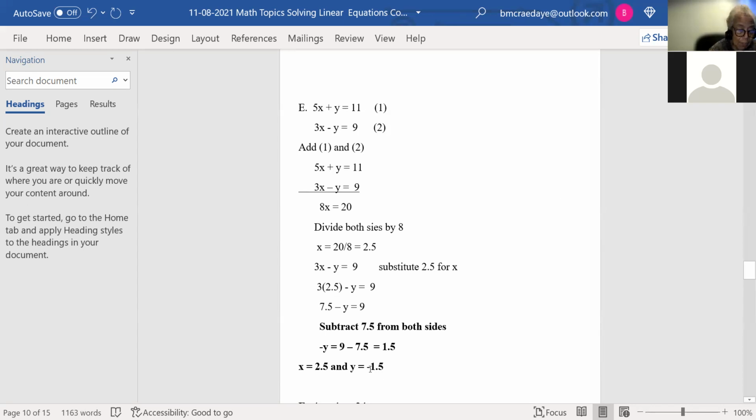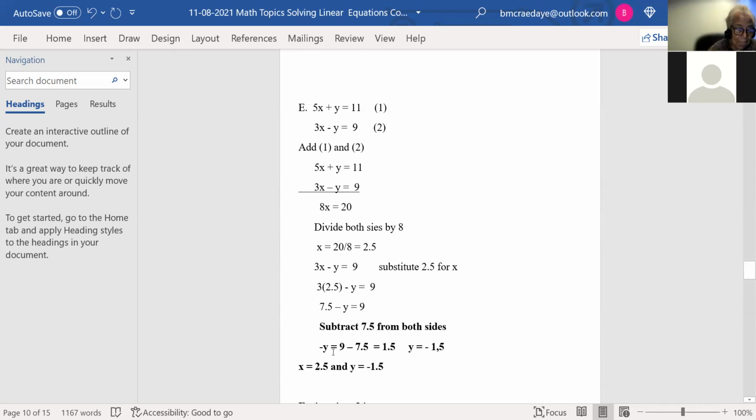So this is a negative, which it should be, because that's a minus y. A minus y is 9 minus 7.5, which is 1.5. Therefore, a plus y, multiplying both sides by minus 1, equals minus 1.5. Then substituting here, 3 times 2.5 is 7.5, minus a minus 1.5 is 7.5 plus 1.5, which gives you 9. Then it comes out right.